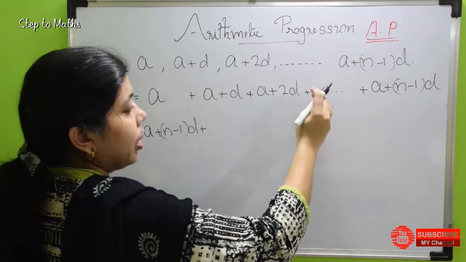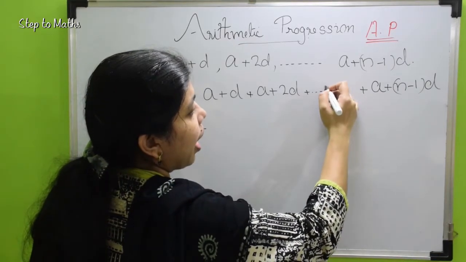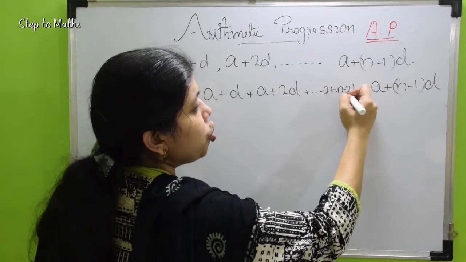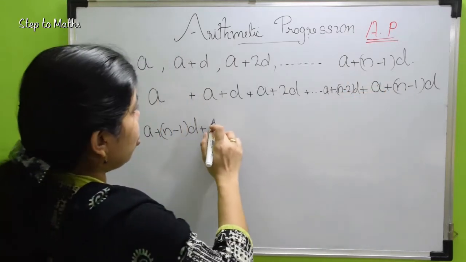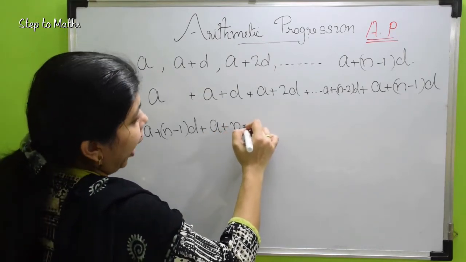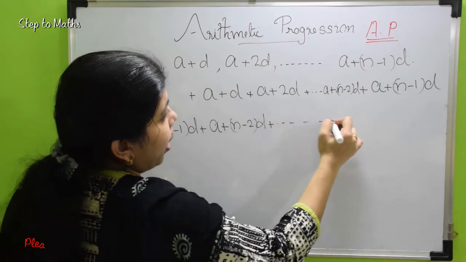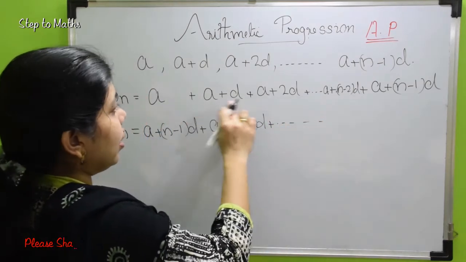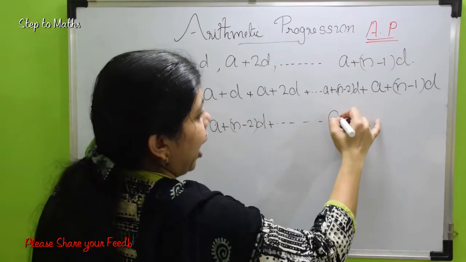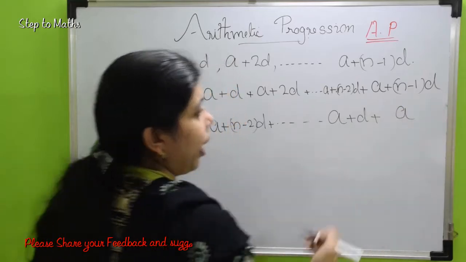The second last term we can write as a plus n minus 2 into d, and so on, etc. The second term in this reverse order is a plus d, and the last term is a.